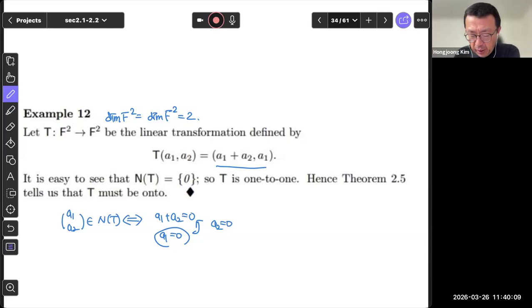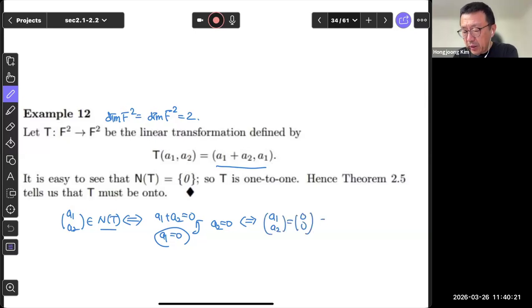So that means the pair A1, A2 in the null space is equivalent to saying that A1, A2 must be the 0 vector, meaning the null space consists of only the 0 vector in F2 space.